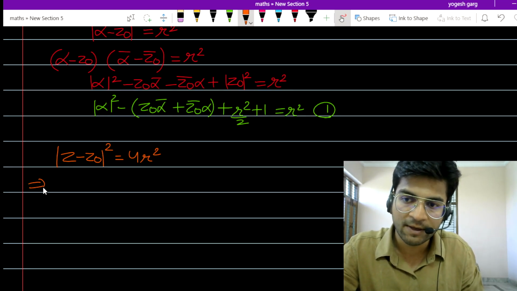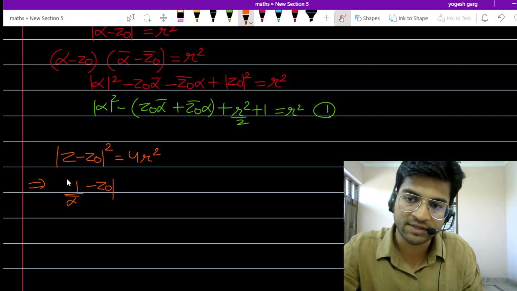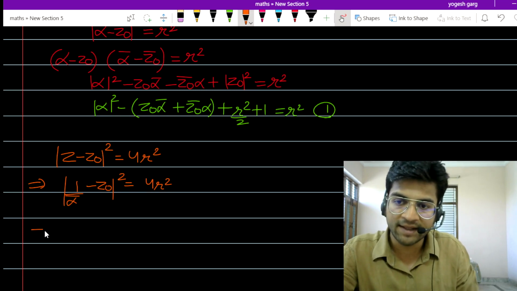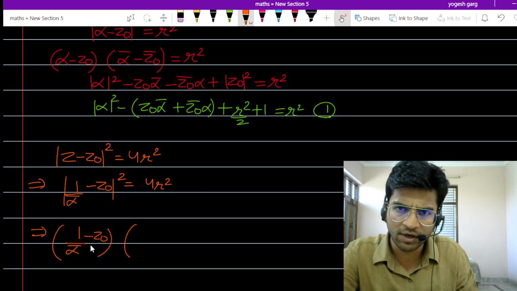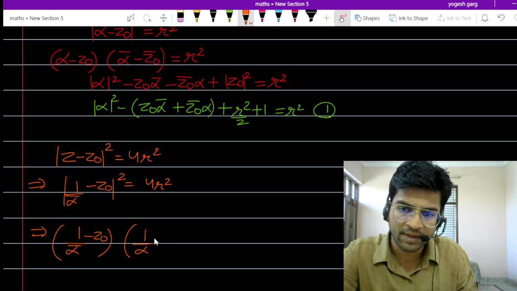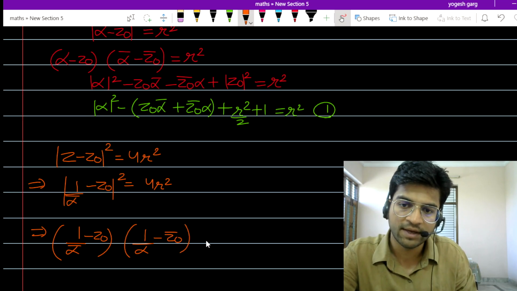So we have mod 1 by alpha conjugate minus z naught square is equal to 4r square, and this can be written as 1 by alpha conjugate minus z naught into the whole conjugate of this, which is 1 by alpha minus z naught conjugate. It is equal to 4r square, right?